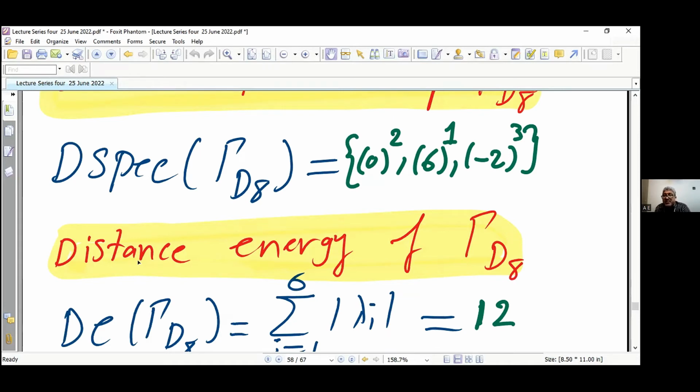In a tree, if you take any 2 arbitrary vertices, we have a path, and the path is unique. So we have only one path between any 2 vertices, and the distance between them is the length of the path.